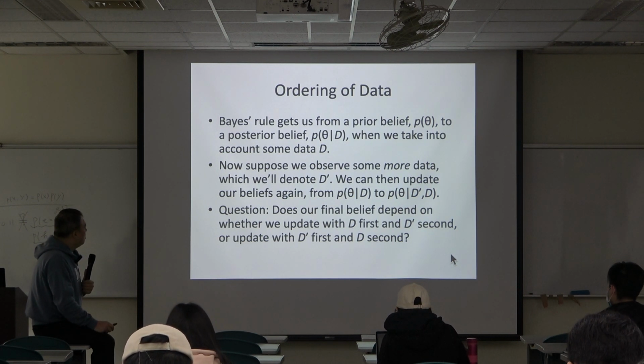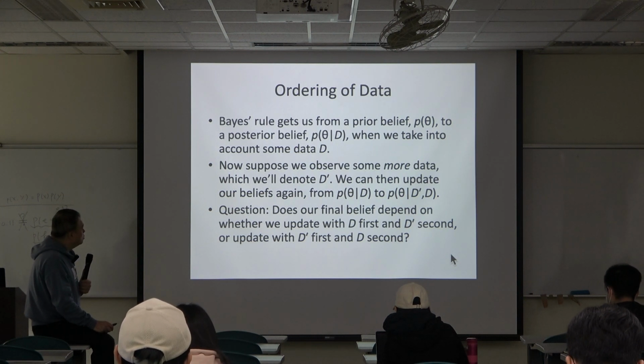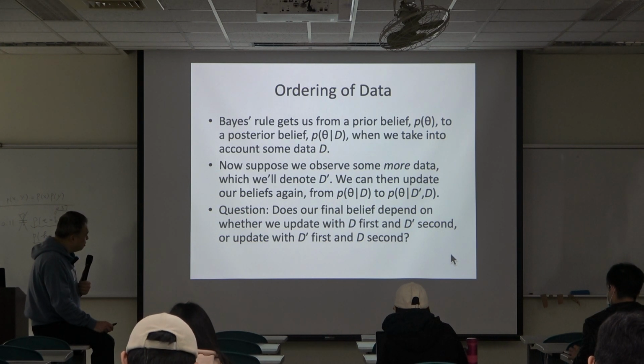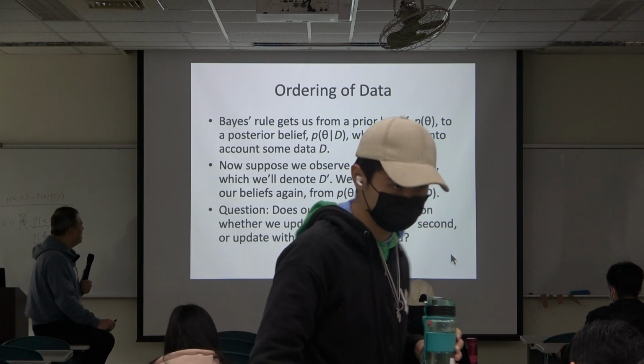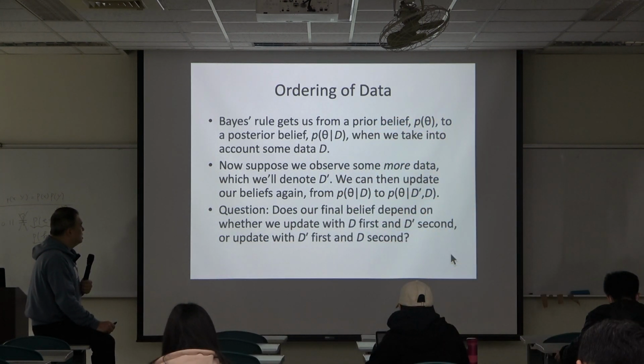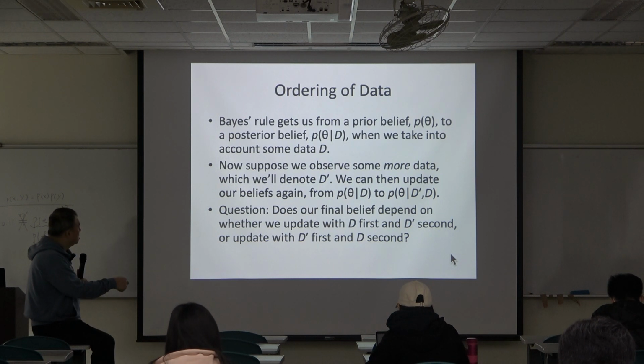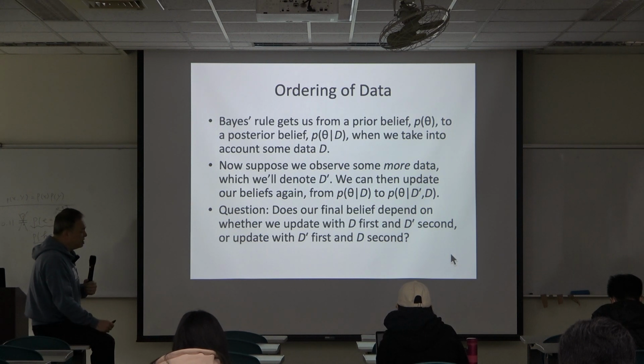We can then update our belief again, from p of theta on condition of d to p of theta on condition of d prime and d. But the question is, does our final belief depend on whether we update with d first and d prime second, or d prime first and d second? Is the order of the data going to play any role in the inference?